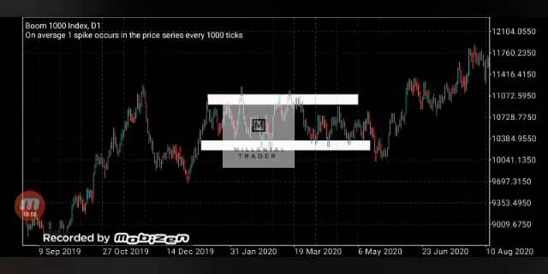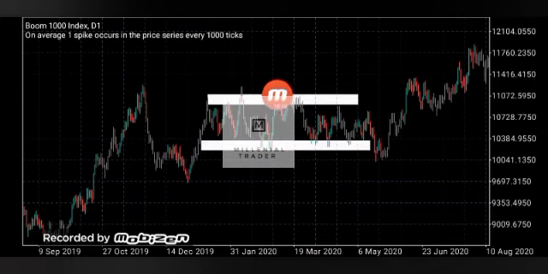You buy from your support: once price gets to your support, you take your buy and exit at or before your resistance. If you want to sell, you sell from the resistance and take profit at or near your support. You can keep doing it until, obviously, the range can't remain like that forever. It's going to break out one day.